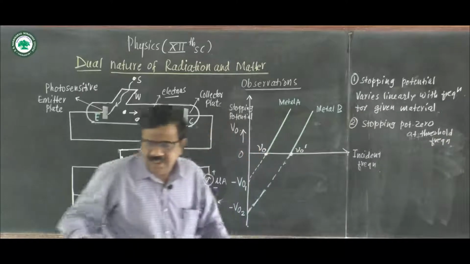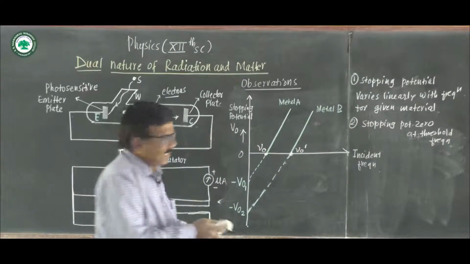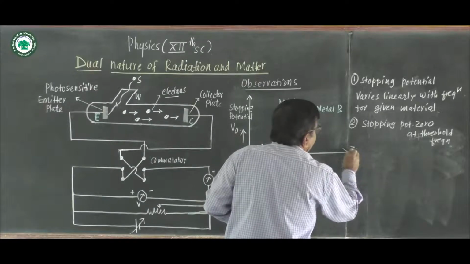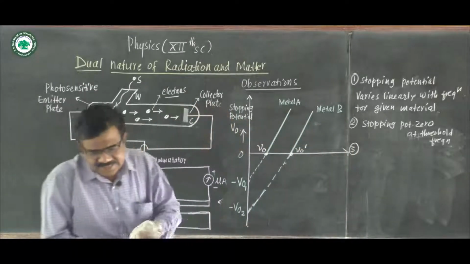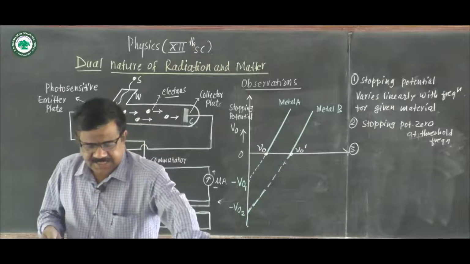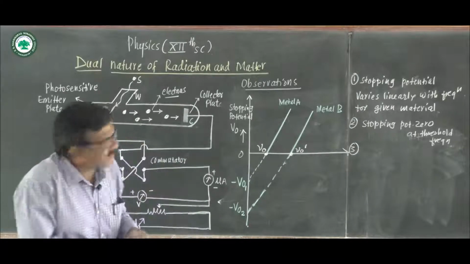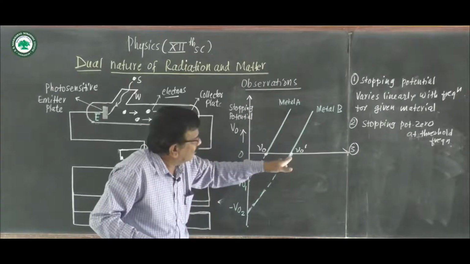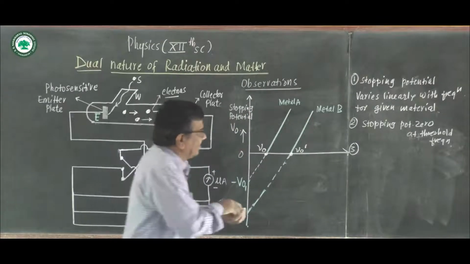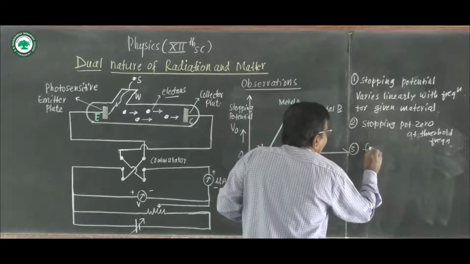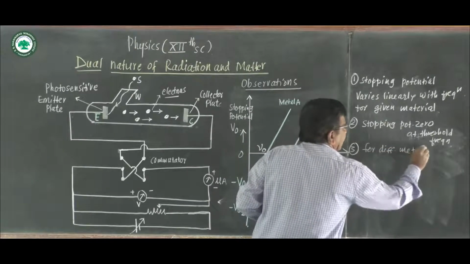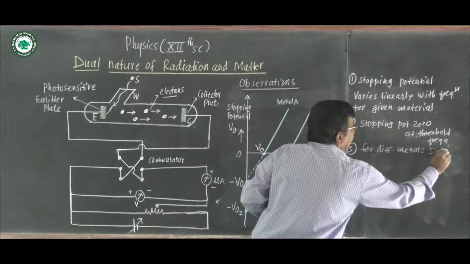And then our third main conclusion is that for different metals the slopes of the straight lines are the same.